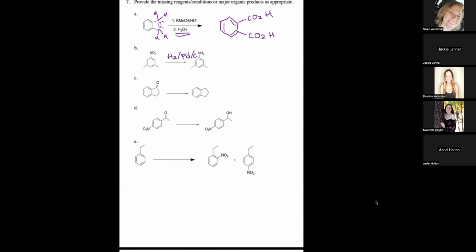And then it just reduces everything straight down, doesn't matter what it is. So it reduces functional groups in general, with no specificity. Those other ones have more specificity. So this is going from a nitro to an amine, right?